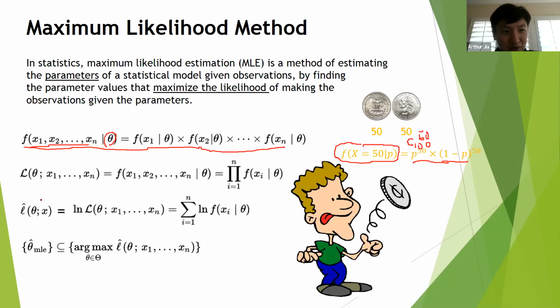So the likelihood function is something like the probability function of theta given data x1, x2, and so on. But based on the Bayesian theorem, you can rearrange this, and finally you see the likelihood function is proportional to the joint density function.